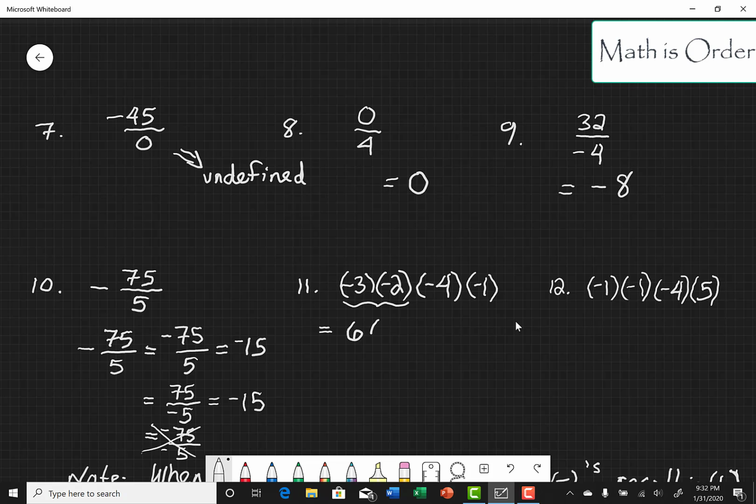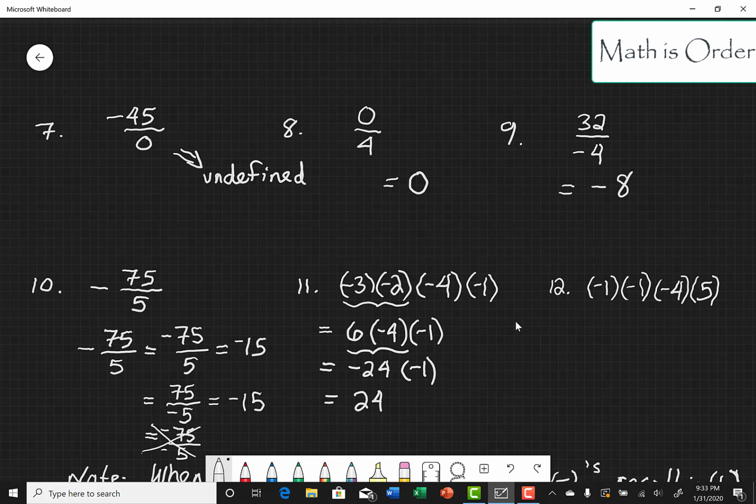And then rewrite the other factors. Right, just taking your time. And then work again, these next 2. A negative times a positive will give us a negative. And then rewrite the other factor. And then finally, negative times negative is positive.